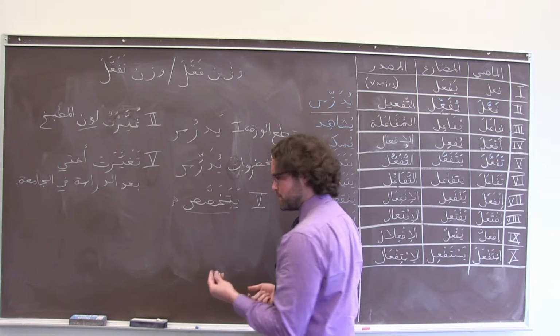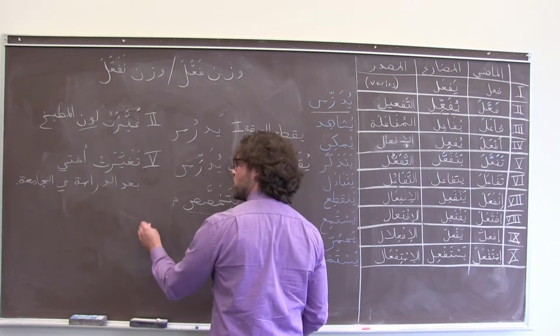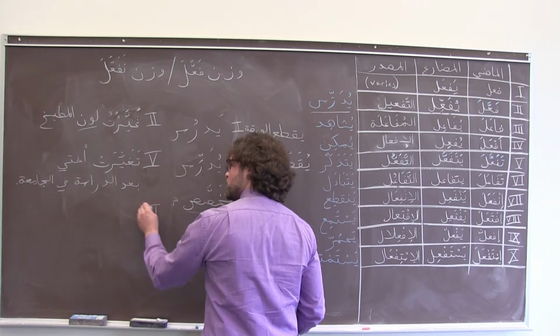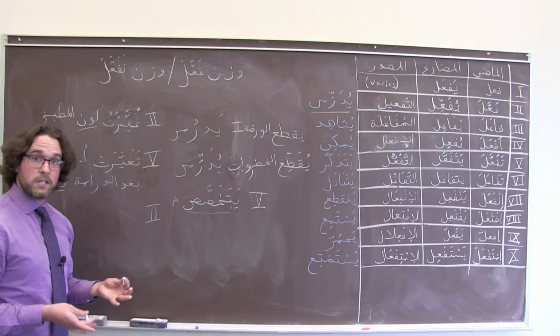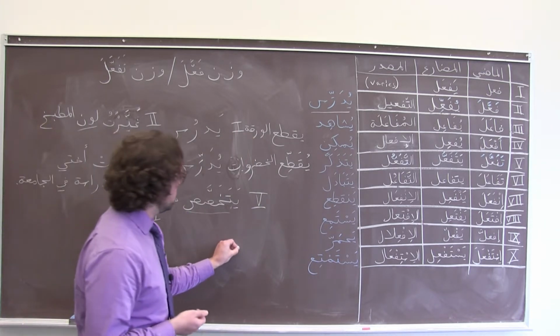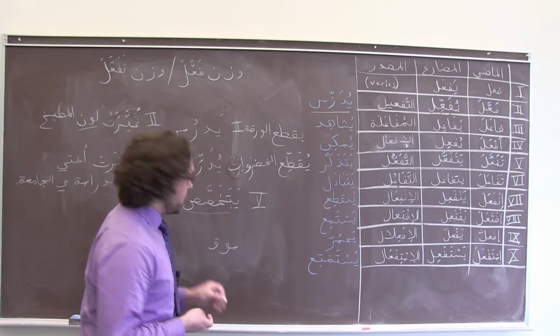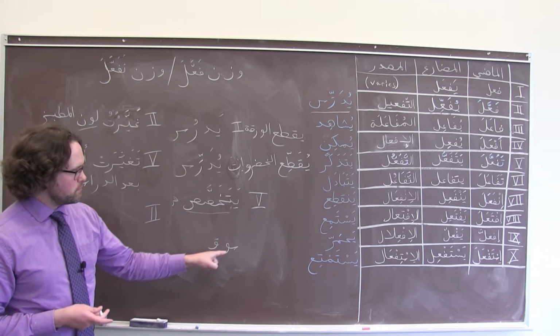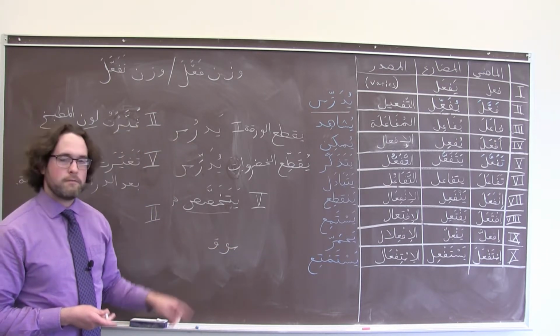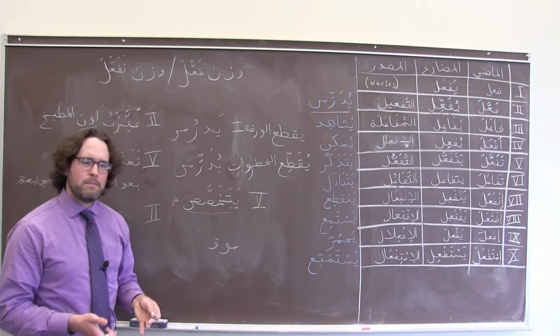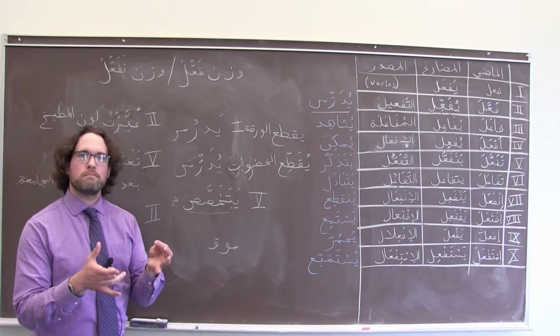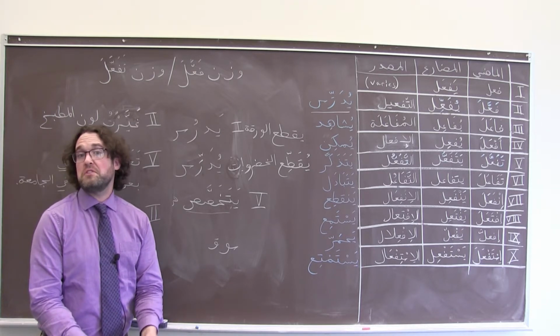One other example, just to demonstrate how this pair works. You might remember the word souq, meaning a market, a place where we go to buy things. And we can take that judr, sin waw qaf, and turn it into two verbs. If I use form 2, then it means to market something in the business sense.